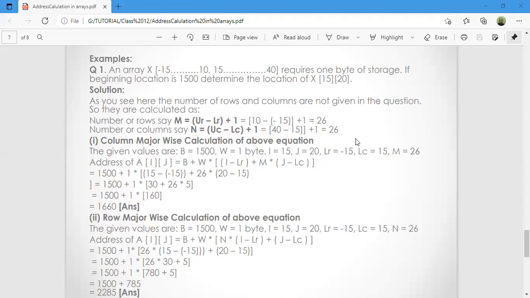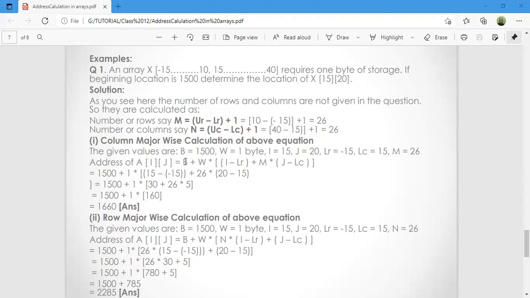Although they have written 15, it is wrong because the maximum row index number is 10, so it cannot be 15. So it is 5 comma 20. Accordingly, by putting the values you will calculate and get the address of that specific cell.